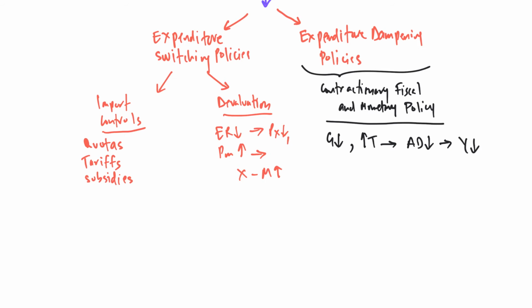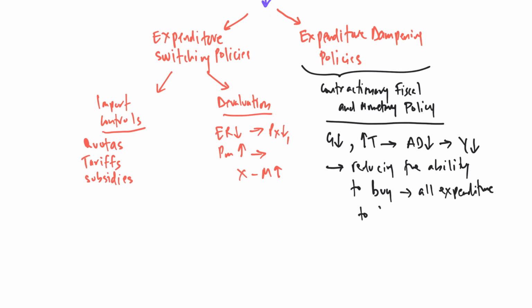As we saw earlier, when AD goes down, not only does the price level go down, but also the GDP of the economy goes down. And if the GDP goes down, basically we are dampening or reducing the ability to buy. This reduction in ability to buy results in all expenditure falling, even on imports.